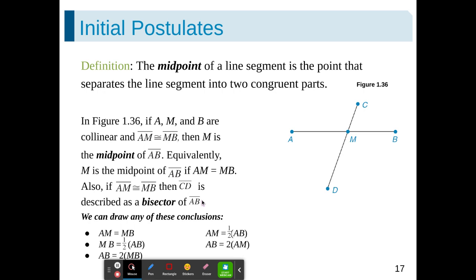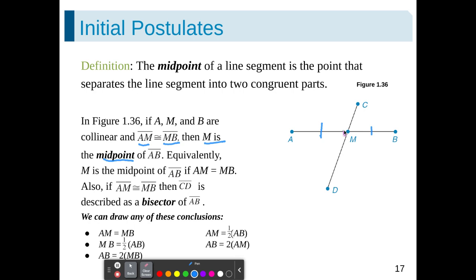The idea of midpoint comes up next, a definition that we can use with these postulates. A midpoint is the point that separates a line segment into two congruent parts. In figure 1.36, we have A, M, and B, and they're collinear. One symbol we can use to mark congruence is to say that line segment AM is congruent to line segment MB, then M is known as the midpoint.